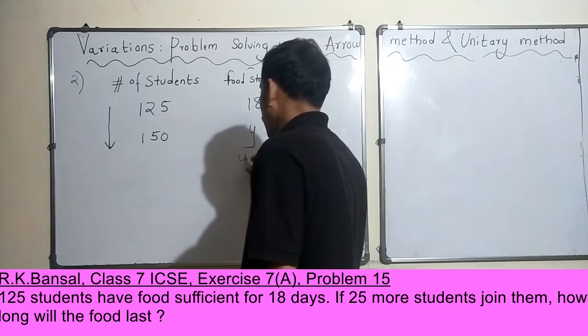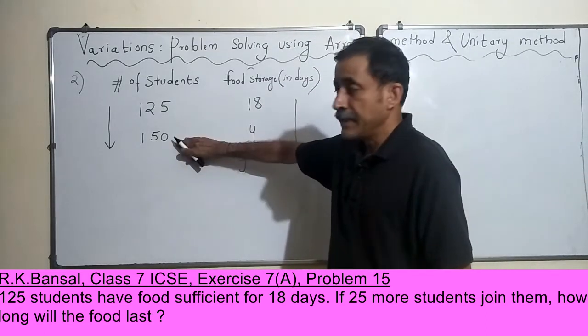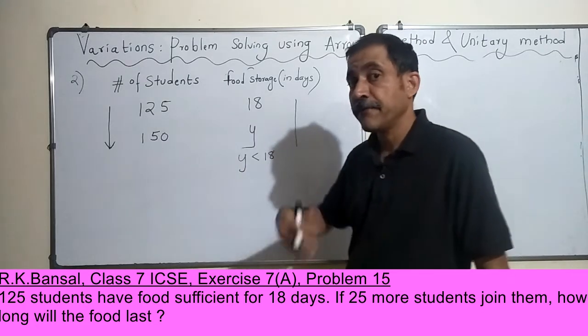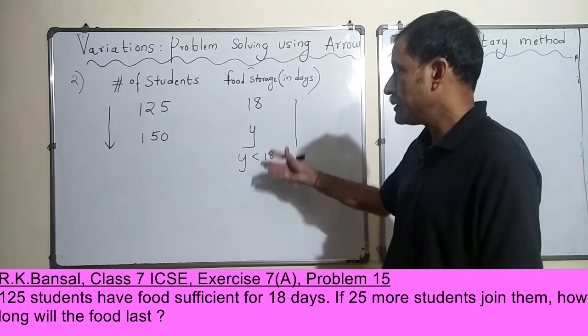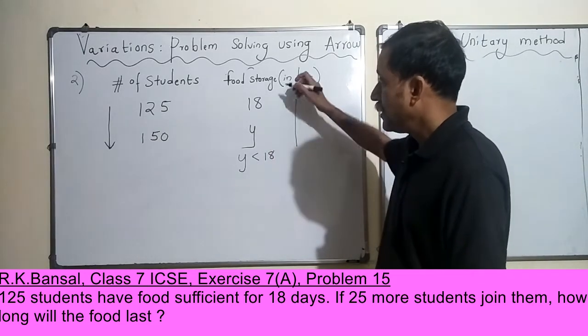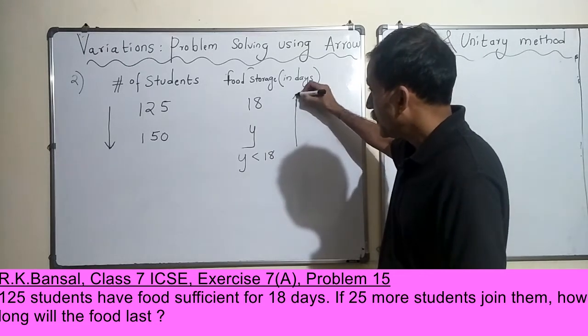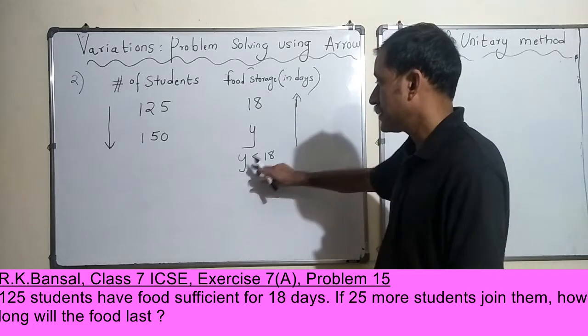More people are eating now. Instead of 125, 25 more people are eating. So food will be exhausted sooner. Sooner as in y will be less than 18. So if y is less than 18, where should the arrowhead point? It should be like this, at 18, because 18 is more as compared to y.